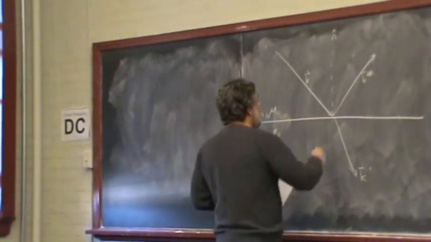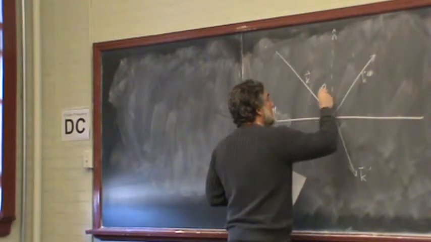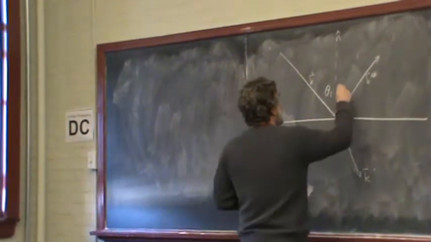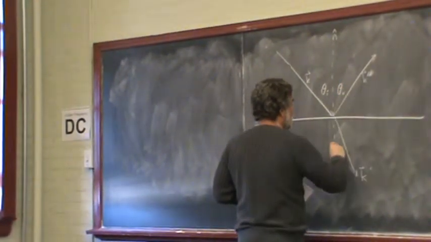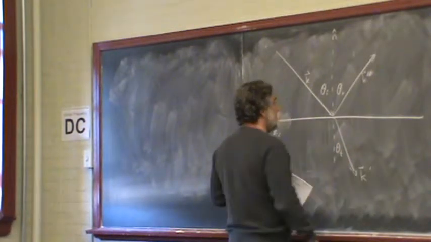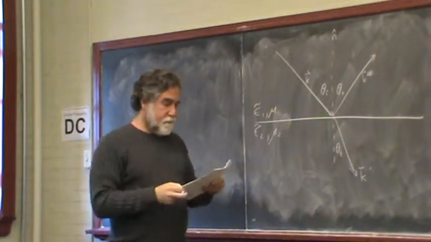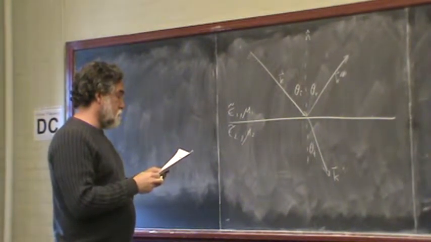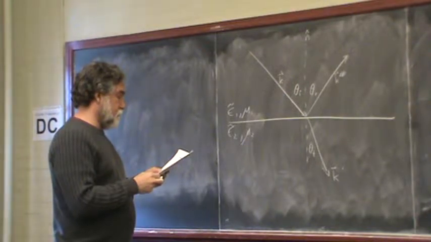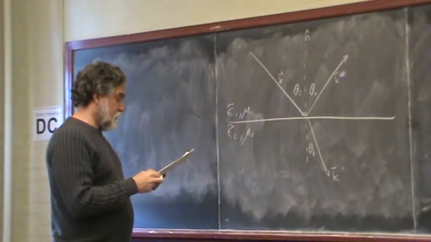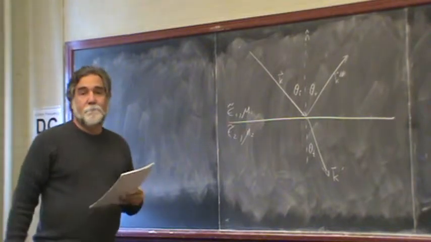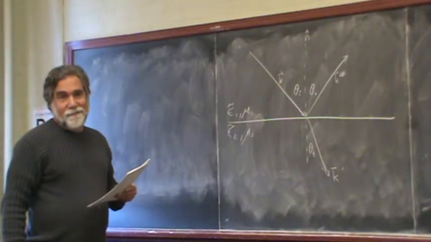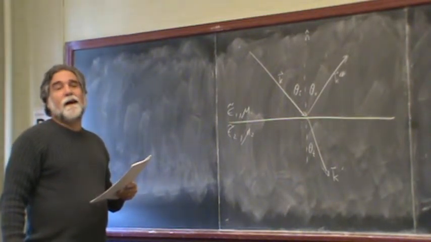And I would have my incident angle, which is usually measured with respect to the normal in optics, and my reflected angle, and my transmitted angle. That might be everything that I need right now. And the angles can be complex. All right.